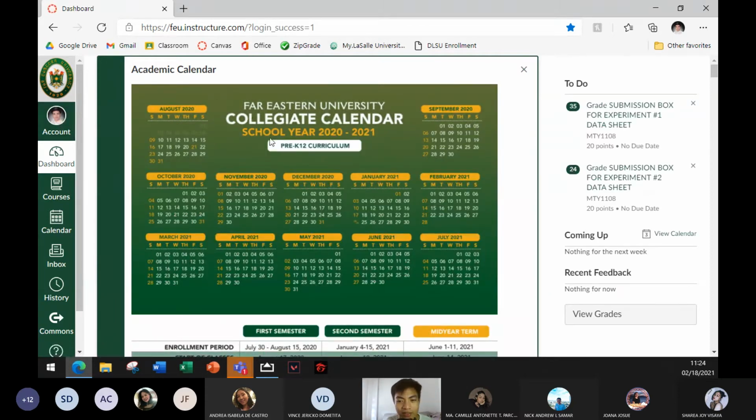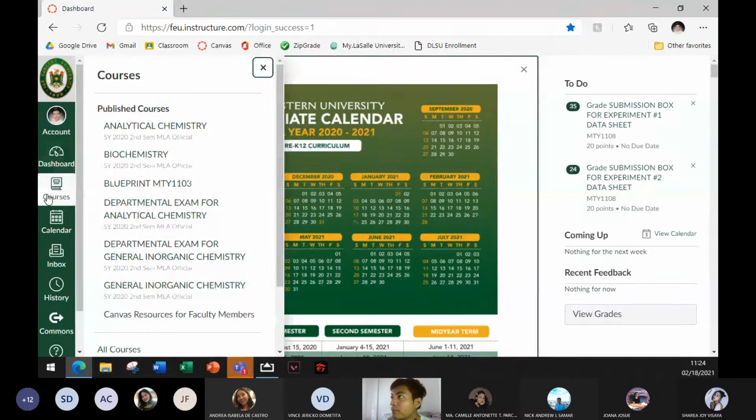By the way, question ko lang. Nag-start na kayo sa equilibrium, chemical equilibrium sa lecture? Para alam ko kung pwede na tayo mag-proceed sa chapter 4. Nag-start na ba kayo doon, equilibrium?